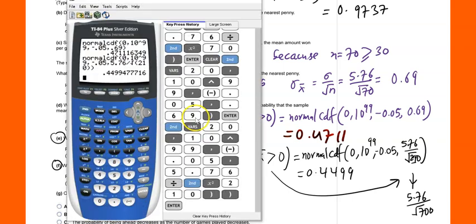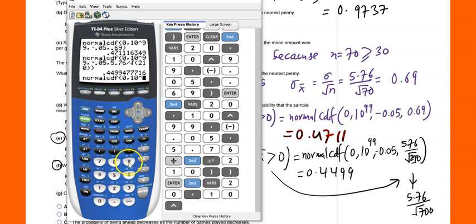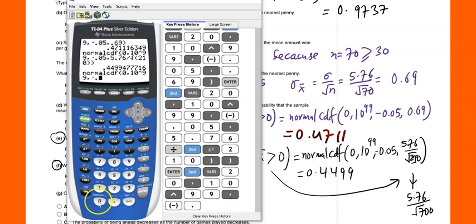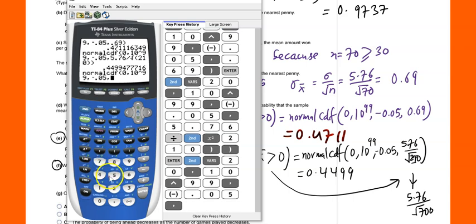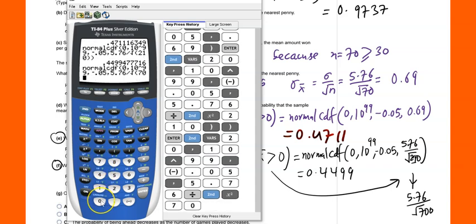Okay, second VARS number 2 and 0, comma, 10 to the power 99, comma, negative 0.05, comma, and you have 5.76 divided by square root of 700, right?